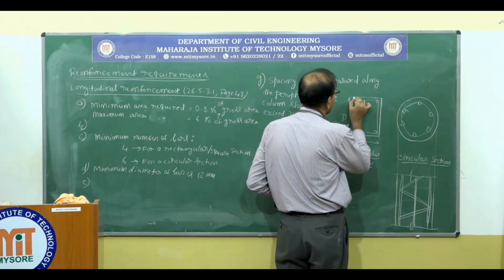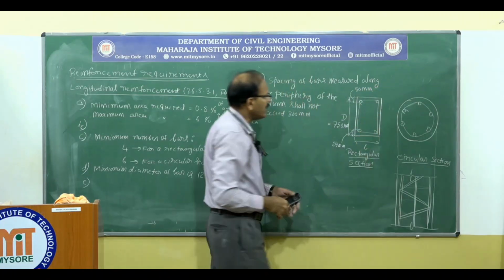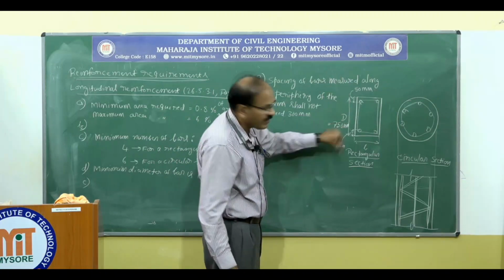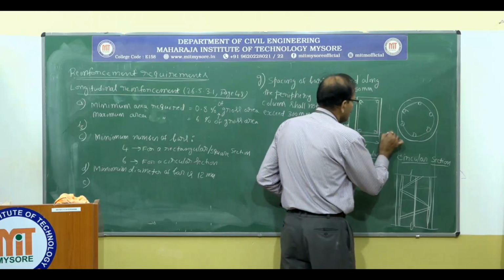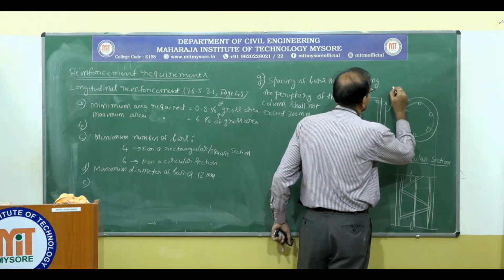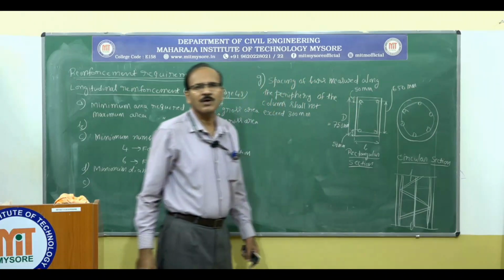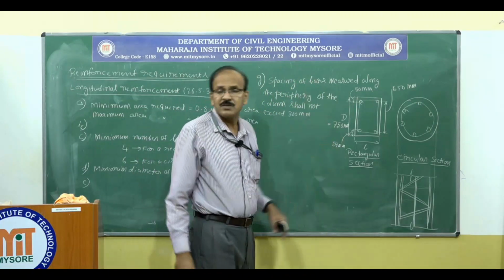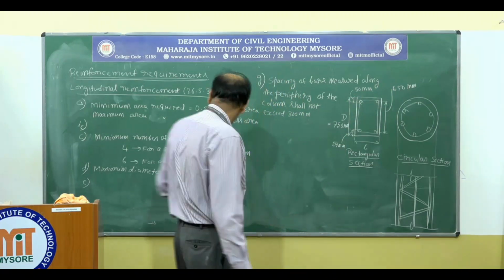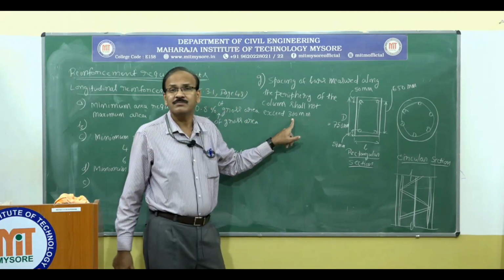Here also 50 mm cover. Okay, 750. So 50 mm this way, 50 mm this way, I am left with this spacing of 650 mm. So in this case, what is the spacing between these two bars? It is 650 millimeter. But the code says, so the spacing should not exceed 300 millimeter.